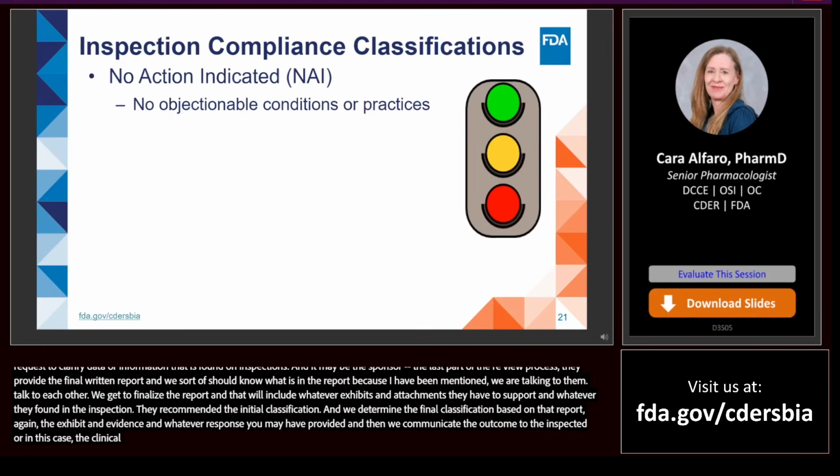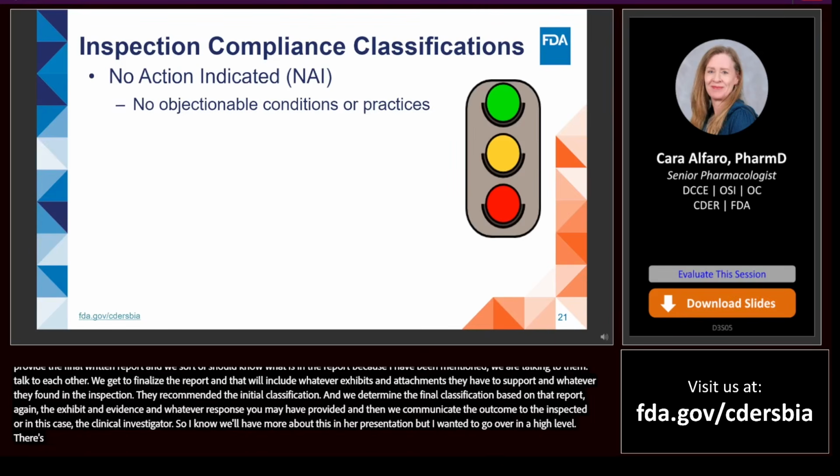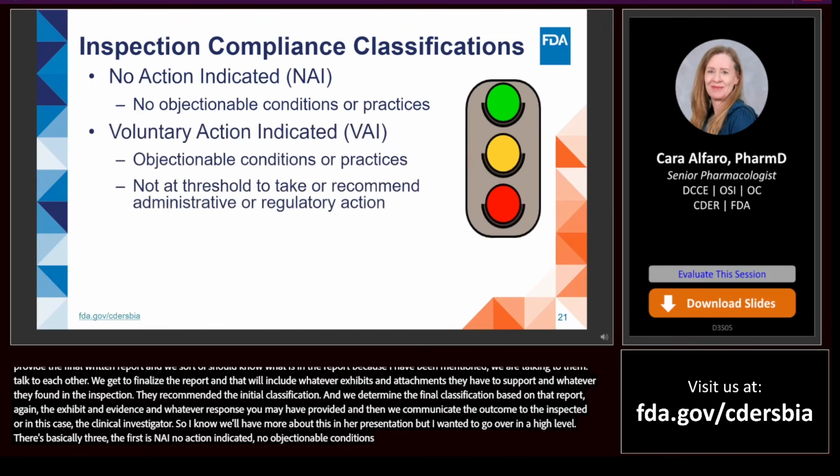So I know Dr. Nantha will be speaking in more detail about these compliance classifications during her presentation, but I did want to go over them at a very high level. So there are basically 3 compliance classifications. The first is NAI, no action indicated, and that's if there were no objectionable conditions or practices. The second is VAI, or voluntary action indicated.